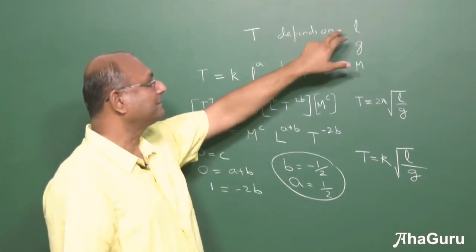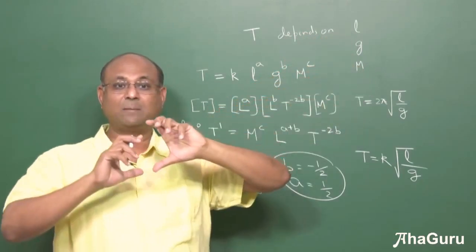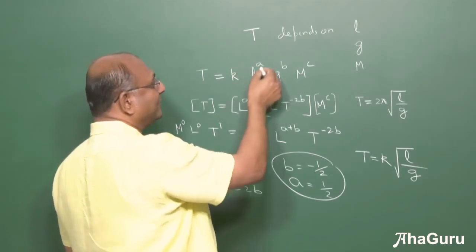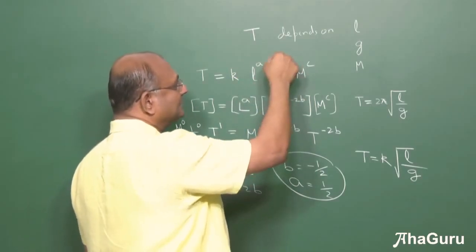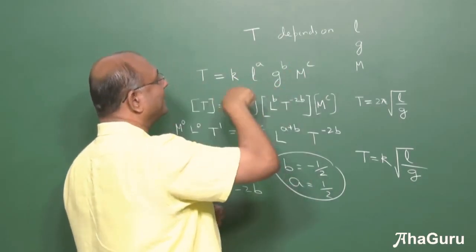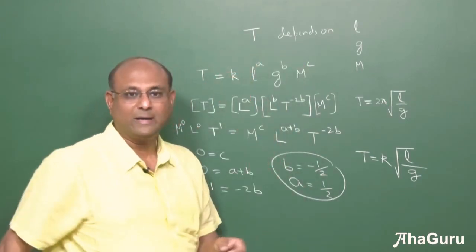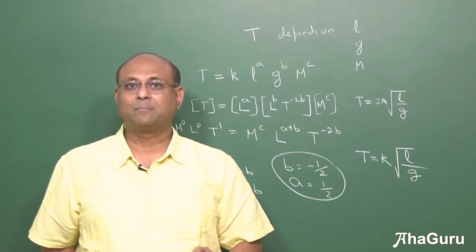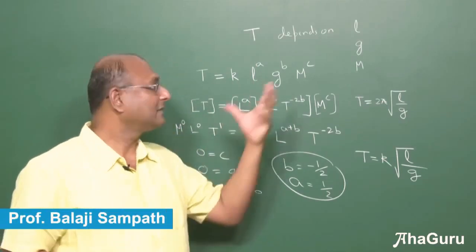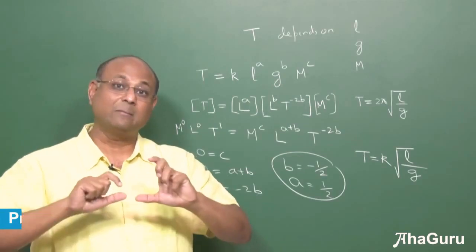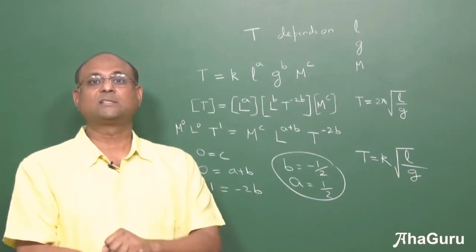Because generally when something depends on multiple factors, you then multiply the things that it actually depends on. So it varies with L power A, G power B, M power C. So together it is K times L power A into G power B into M power C. So I hope this is clear. So now, in the next concept, what we are going to do is to see how to apply this when we have slightly more complex versions of formulas.